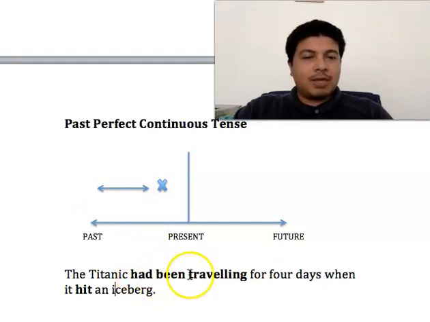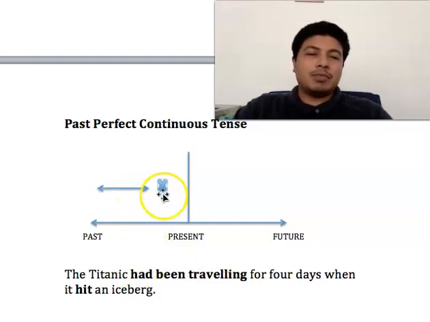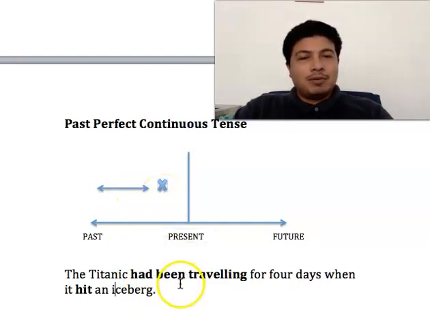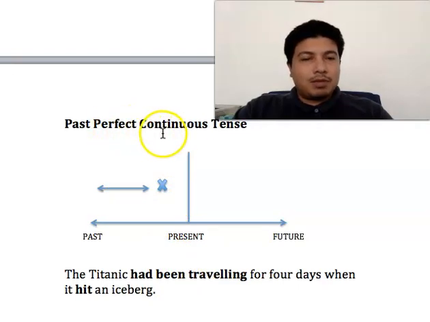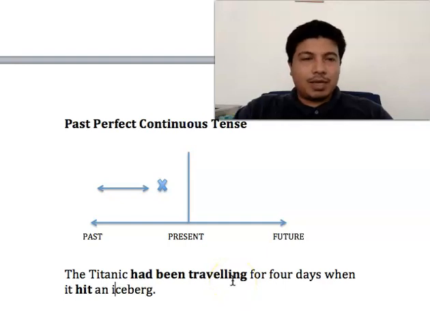So traveling is continuous. It is progressive. It is happening in the past and then something else happened. So with past perfect continuous, the formula is you have had plus been plus ing. So had been cooking, had been living, had been driving. So had plus been plus ing.